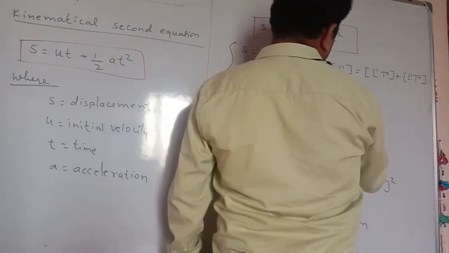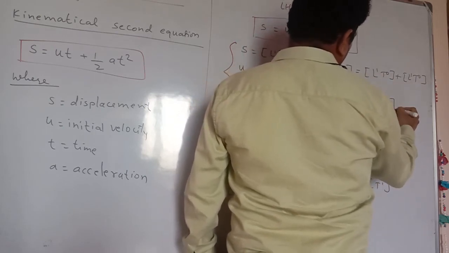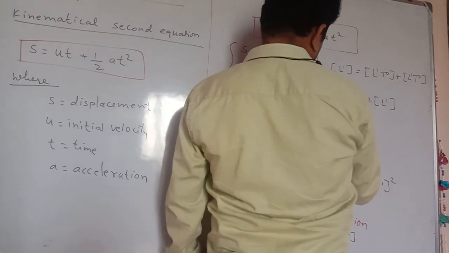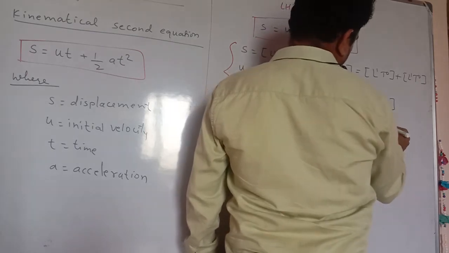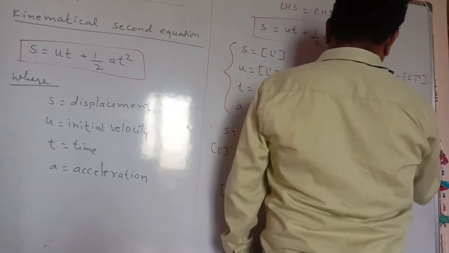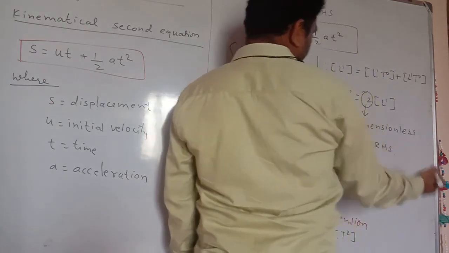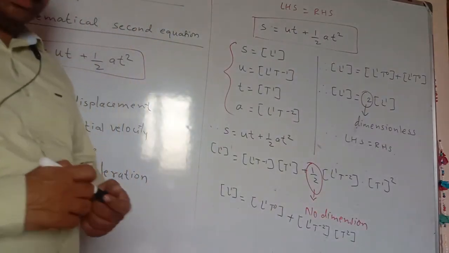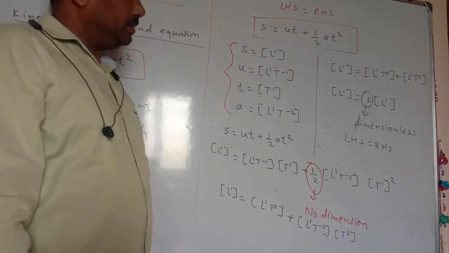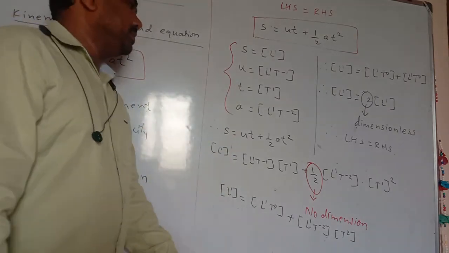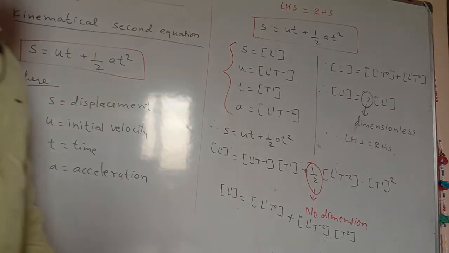Therefore L1 is equal to L1 plus L1, with the 2 in front being dimensionless. Therefore LHS is exactly equal to RHS. If LHS is exactly equal to RHS, then and only then the given equation will be correct. So this is the proof of the second kinematical equation, S is equal to ut plus half at square. Okay, thank you.